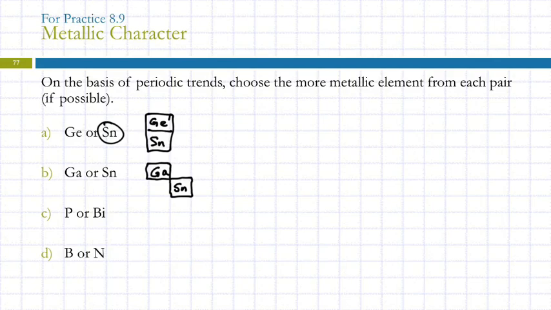So here the trends are opposing each other. If we find these on the periodic table, we see that they are both metals. So I would say not possible. We can't really tell.